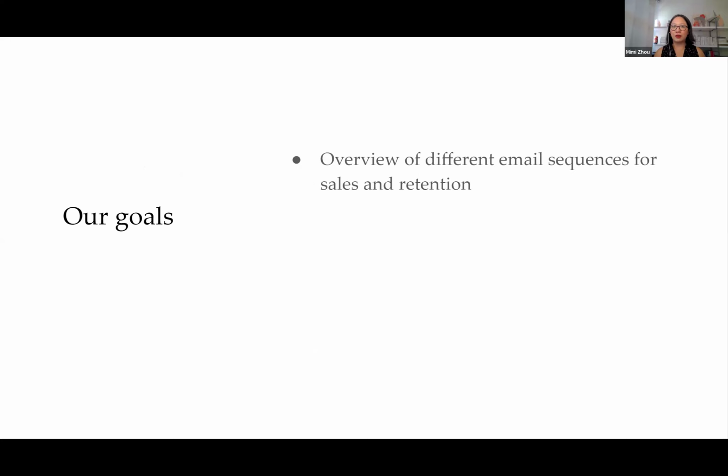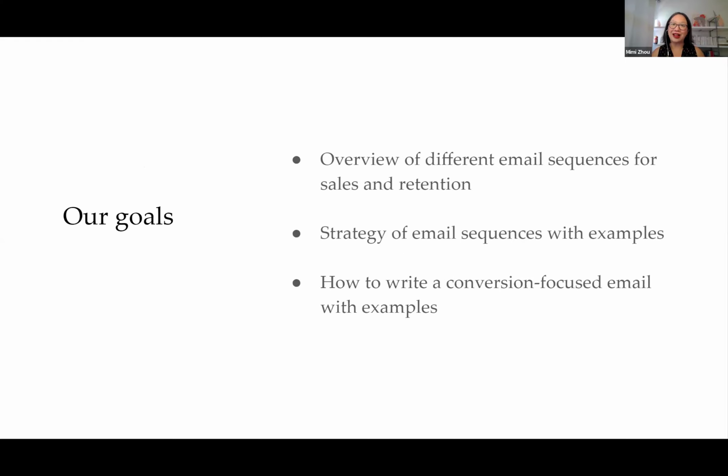It is a little bit more theoretical and conceptual, but you have to do it in order for your emails to work towards sales and retention. So we're going to talk about that, and I'm going to show you some examples. And then the second part is a lot more fun. I am going to go over how to write a conversion-focused email, meaning an email set up to sell, and we are going to cover examples of that as well.